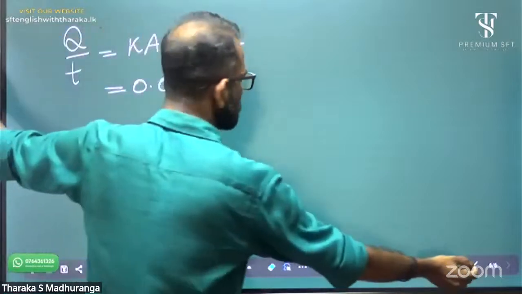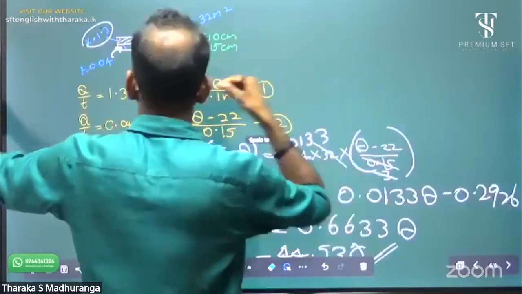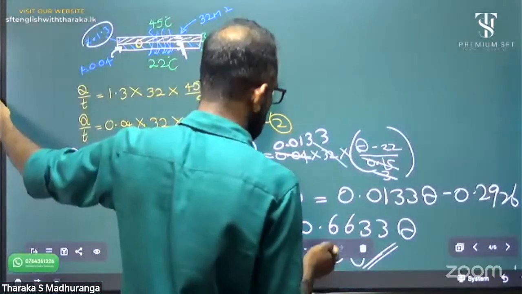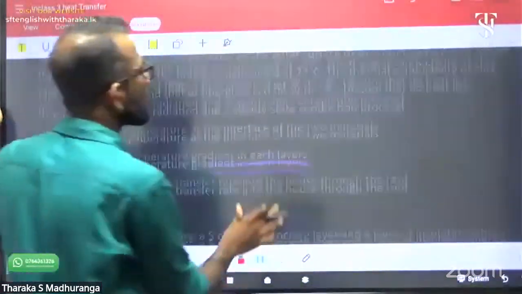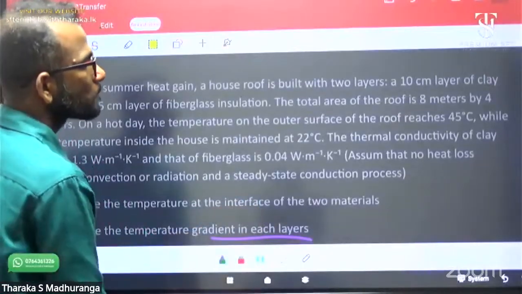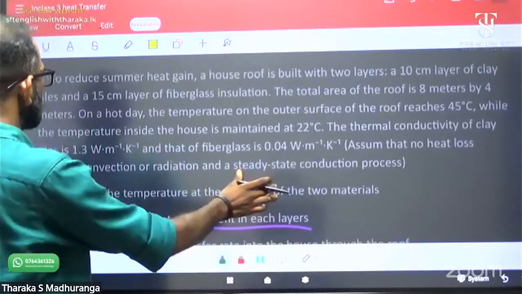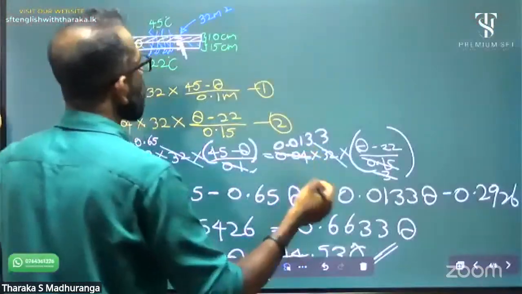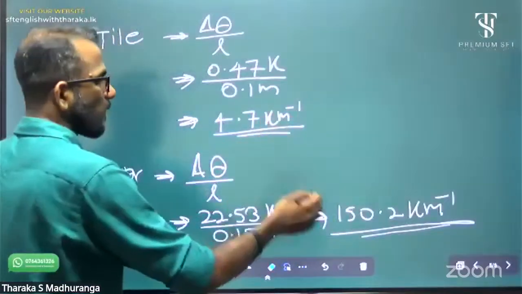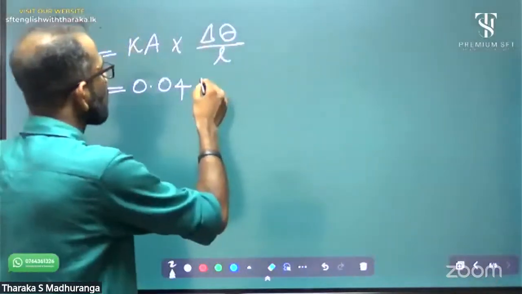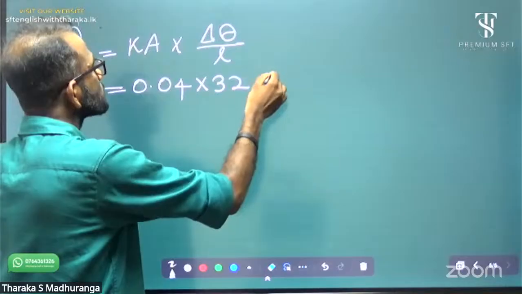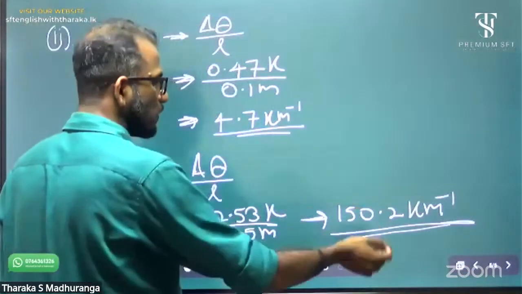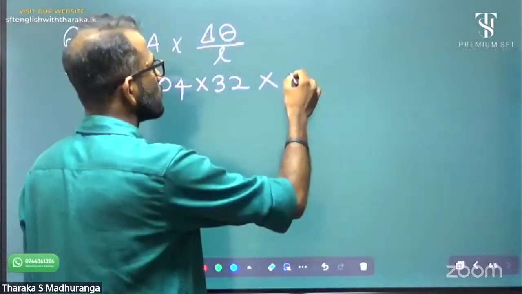What's the cross section? 32 square meters. Temperature gradient you got, 150.2.